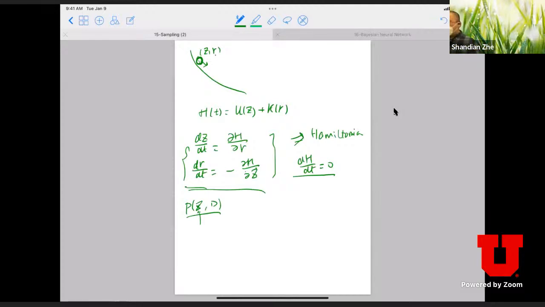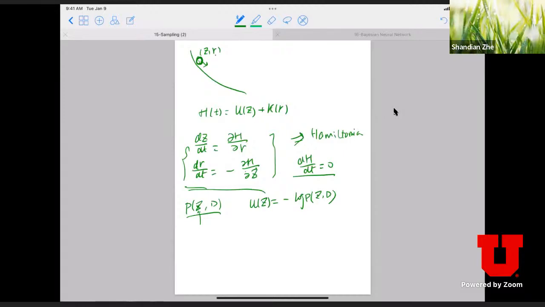Right? So correspondingly, we define our potential energy as the negative logarithm of the joint probability of your probabilistic model. That's our definition.